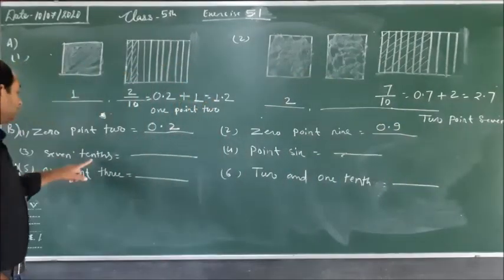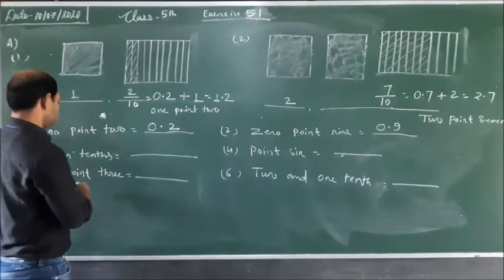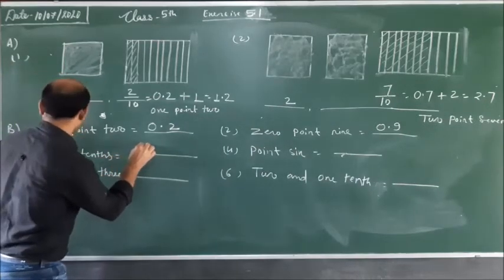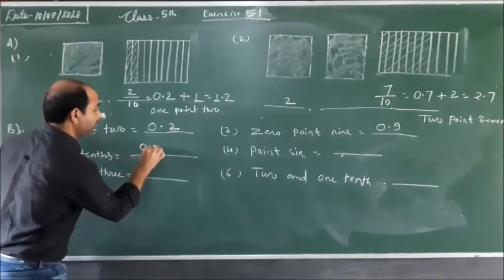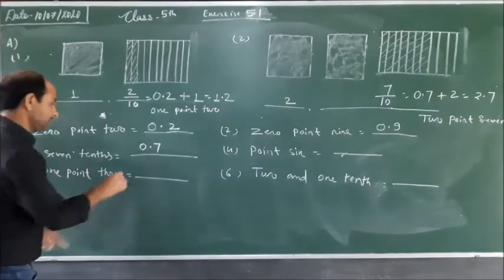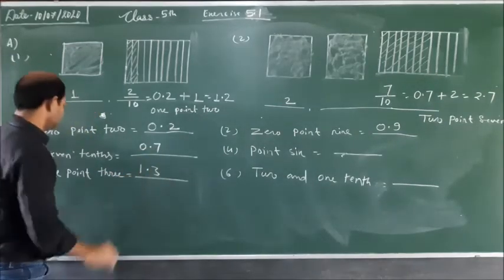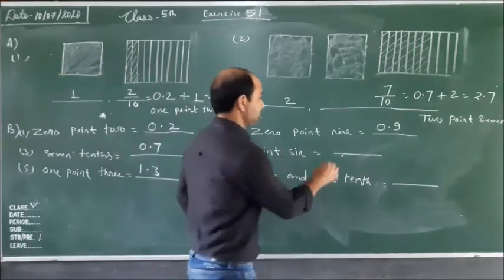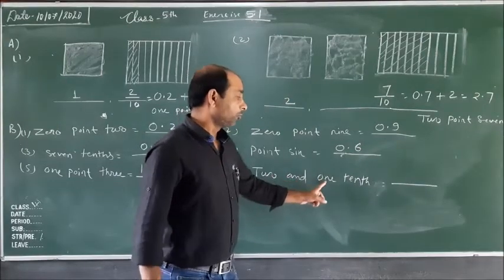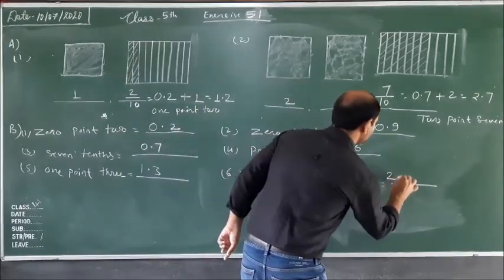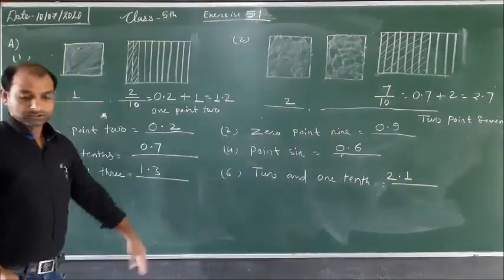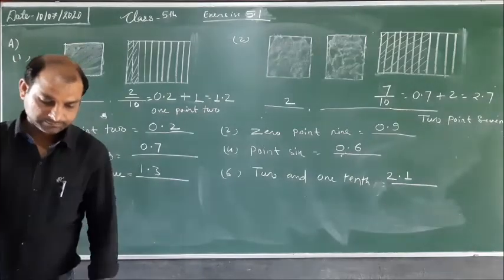Here 7 in the tenths place, so we write 0.7. Then 1.3, then 0.6. Now 2 and 1/10, so 2.1. Okay, this question is completed.